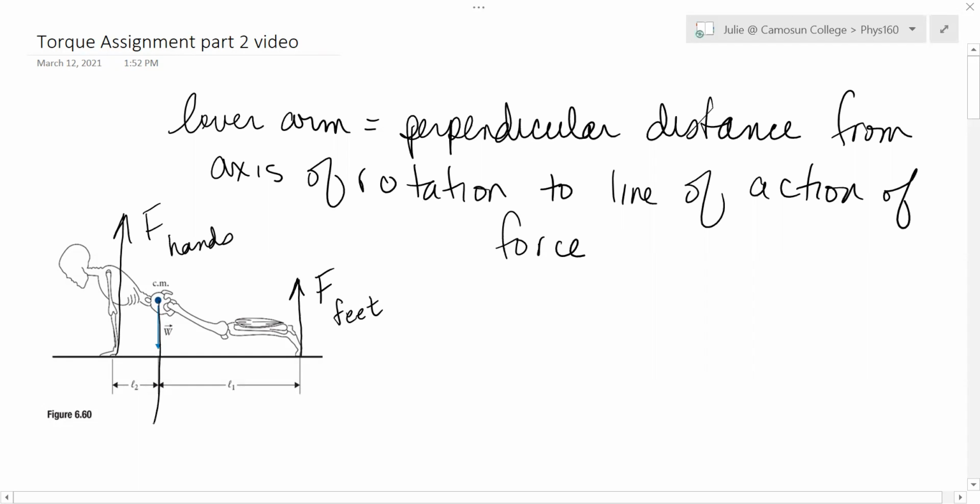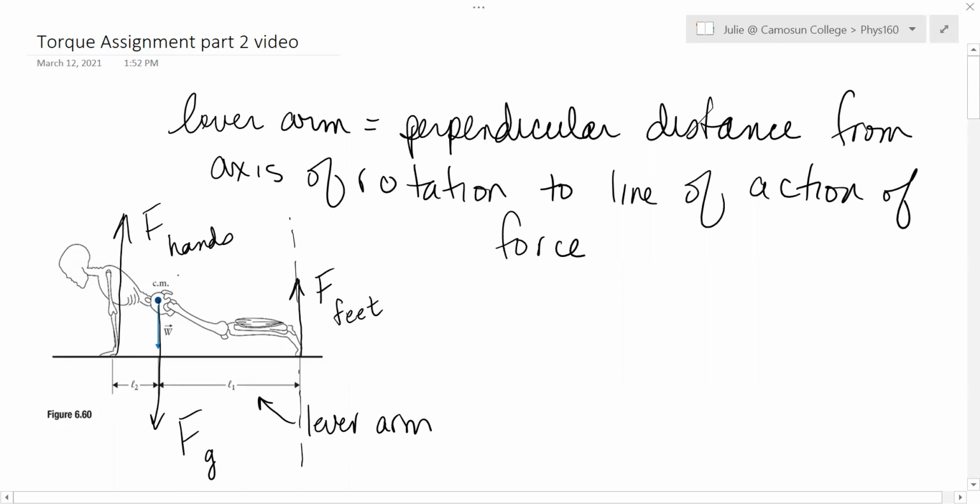And then there's the force of gravity. Now, you're told the force of gravity because you've got the weight of the person, and you're told these two distances, L1 and L2. Now, in this case, notice how everything's nice and perpendicular. So this is the lever arm. Okay, it is perpendicular to the line of action of the force.